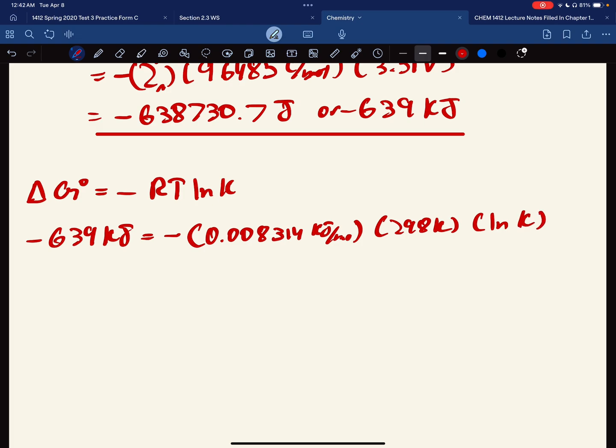So when solving this out, the value of this is going to be negative 2.477. This goes around here, divides.